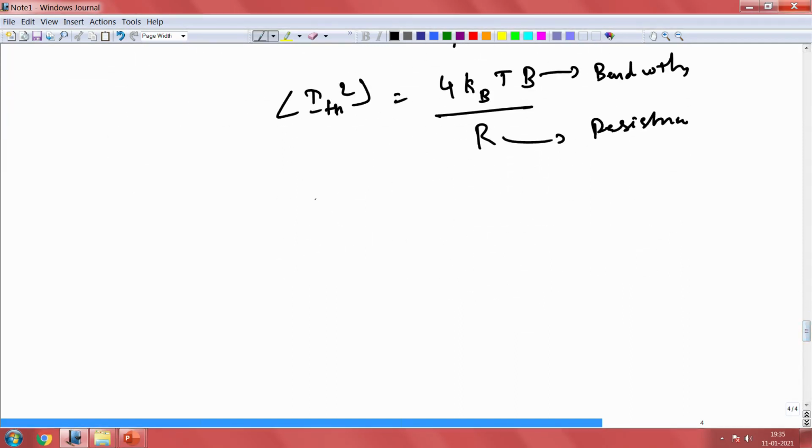Similarly, the thermal voltage, the average voltage fluctuation, is given by the resistance and your current there.